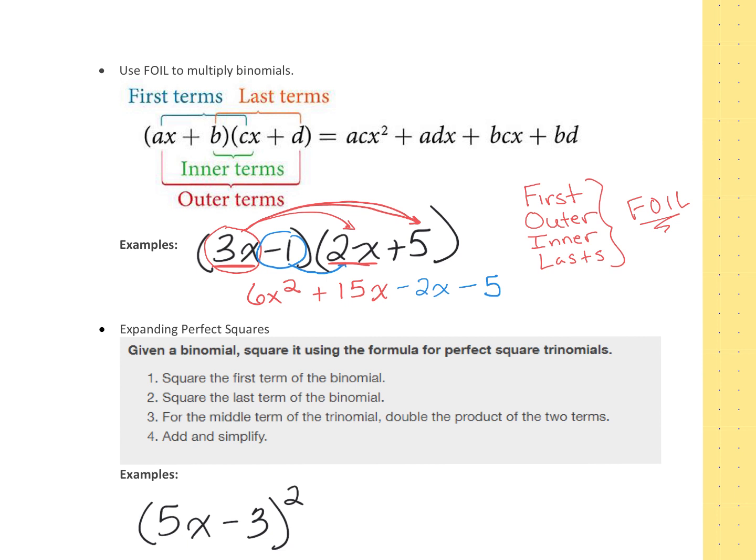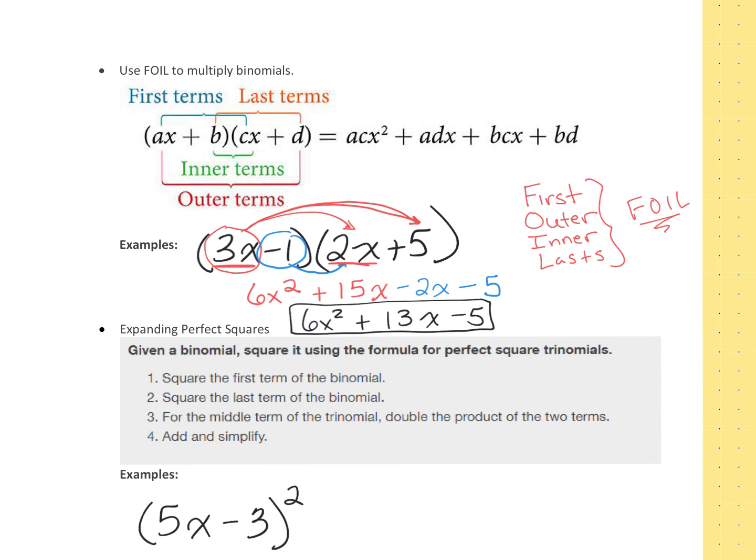Adding our like terms here is going to give us 6x squared plus 13x minus 5. So don't think that foiling is anything different. It's just when you multiply two binomials, we can use an acronym to kind of help us keep our way.